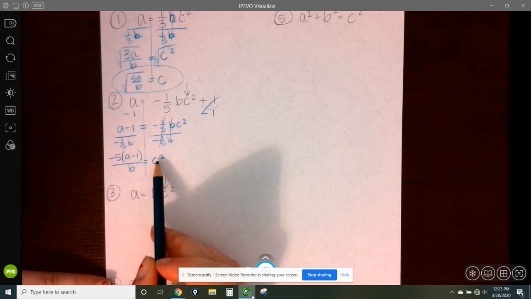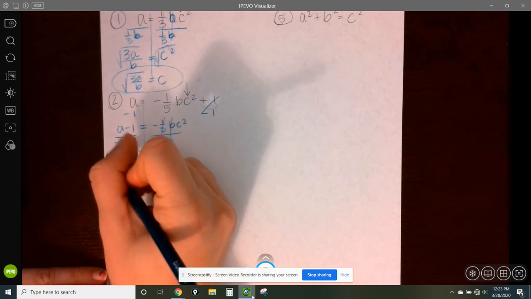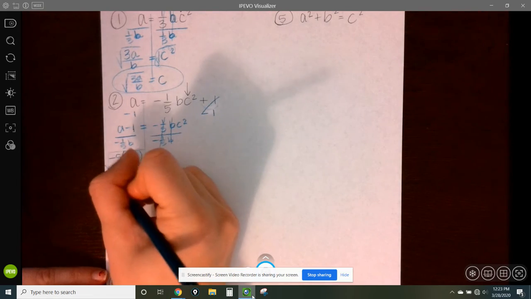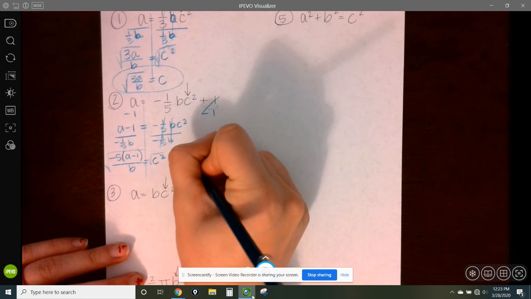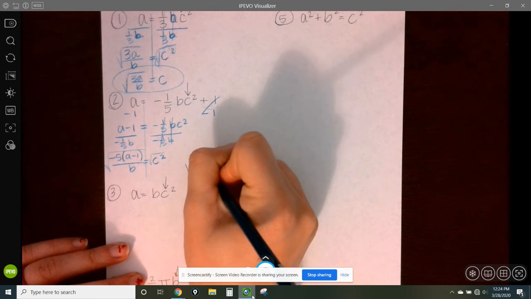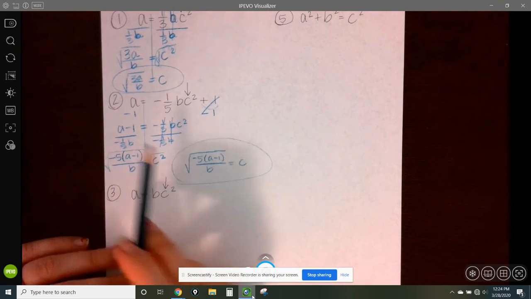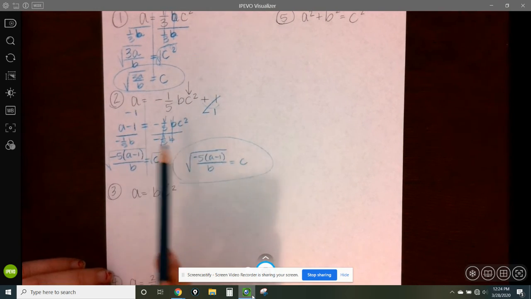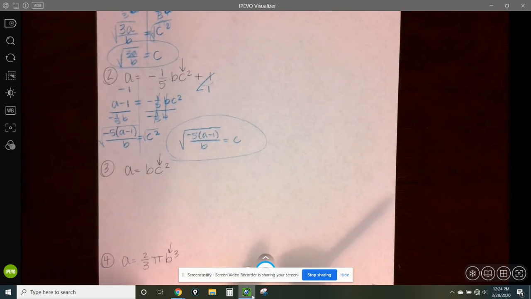I'm trying to solve for c. Since c is being squared right now, I need to square root both sides. On the left, I end up with the square root of negative 5 times a minus 1 over b, and on the right, I just have c. I think this problem is the toughest because it has so many different steps. But hopefully you wrote that down in your notes.